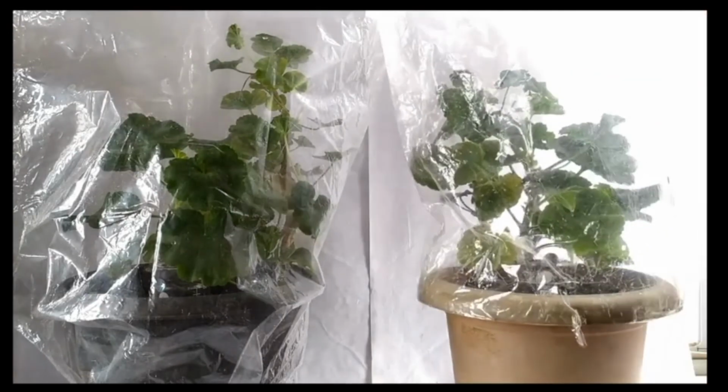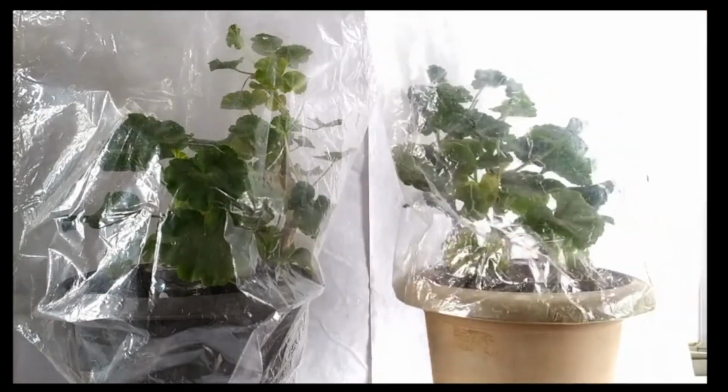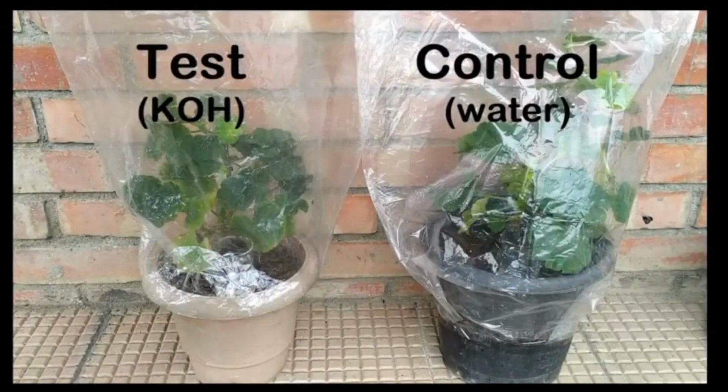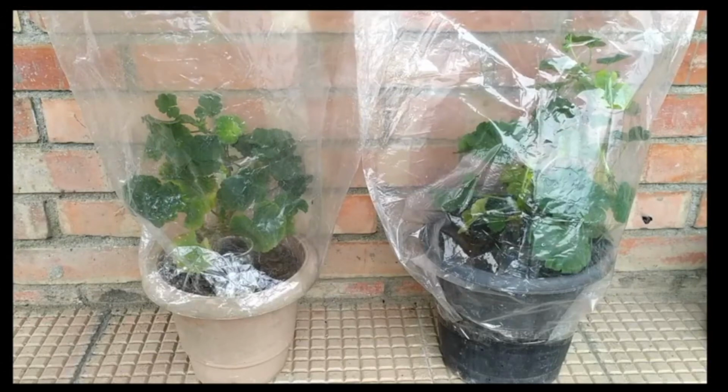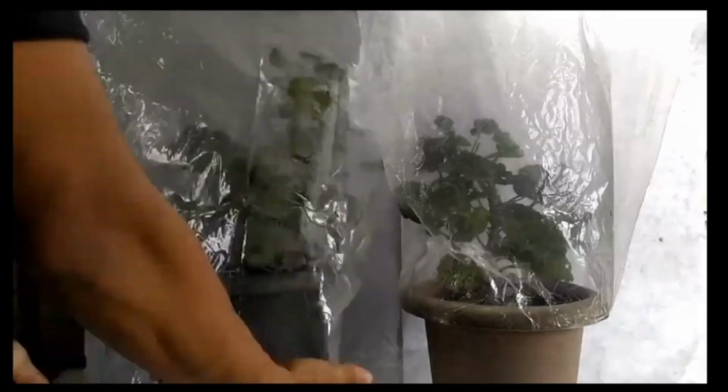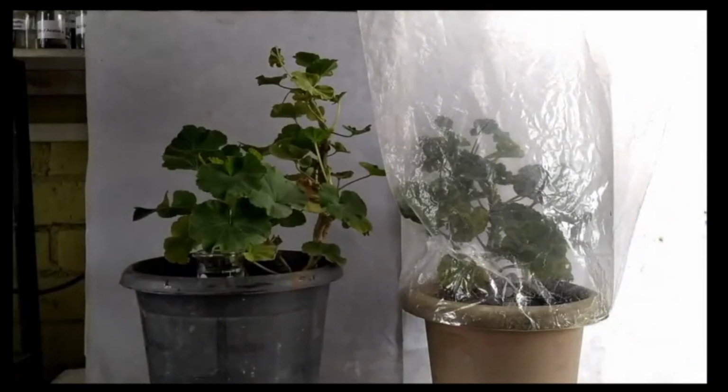So the pot containing the distilled water acts as the control, as in it tells us how the plant would have acted if there was no KOH, if we hadn't changed the conditions.